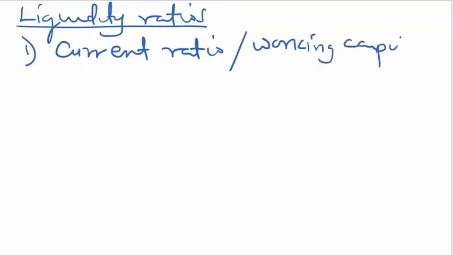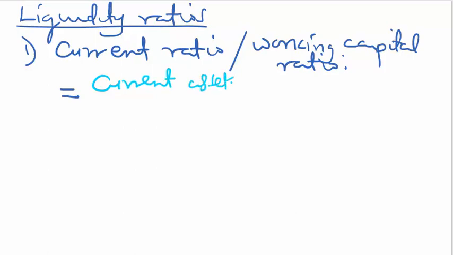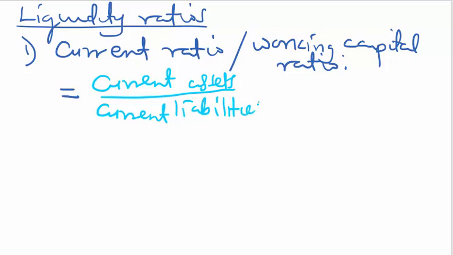What they're referring to is just your current assets over your current liabilities. This ratio is important because, like every other liquidity ratio, liquidity tries to see our ability to pay our debts.